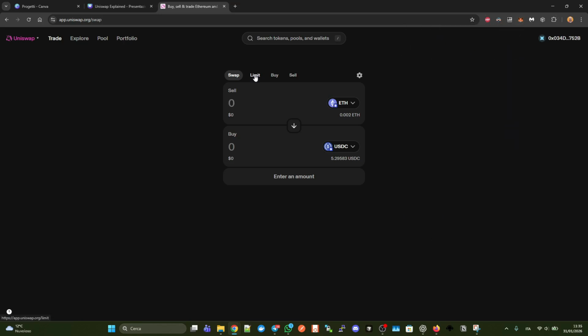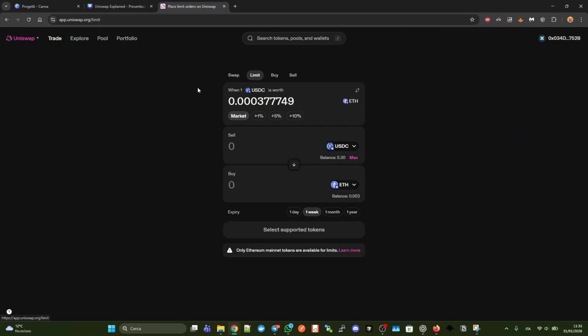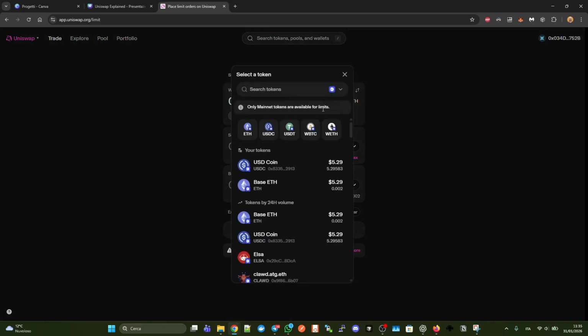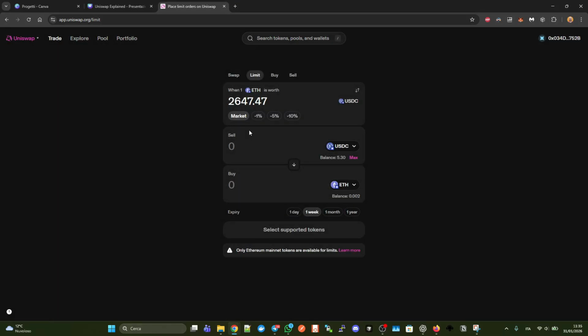But this is buying at a market price. Another thing that we can do is buy with a limit order. For example, we can say I want to buy, in this case, ETH. Okay, when Ether is worth, let's say, 10% less, I want to pay in USDC dollars, so I will buy this amount of it.